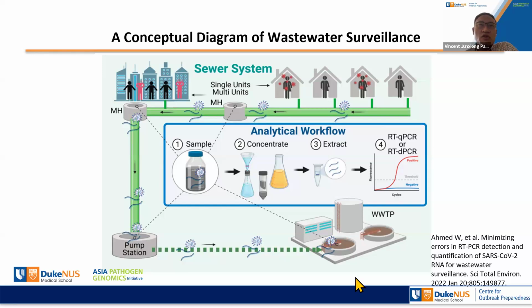Following that, you have concentration methods, either through PEG or some centrifugation methods, with the extraction of the genetic materials of these pathogens, with as much removal of the human genetic materials as possible. And following which you have the detection using RT-qPCR or RT-digital PCR for early detection, using primers of well-validated sequences to detect pathogens of interest.